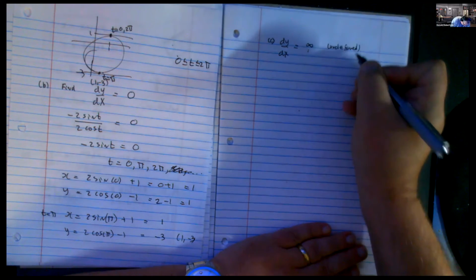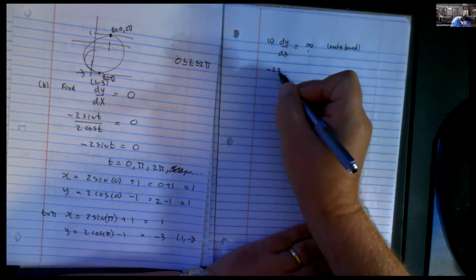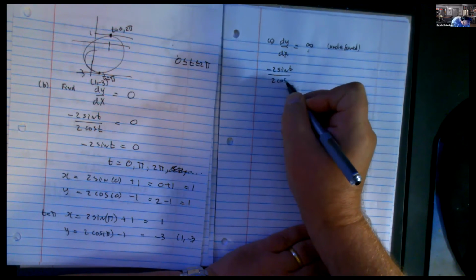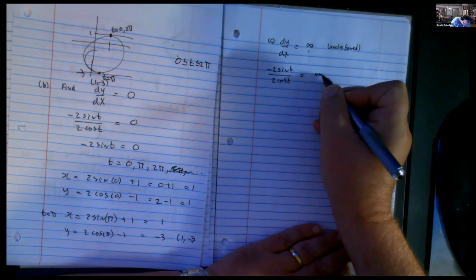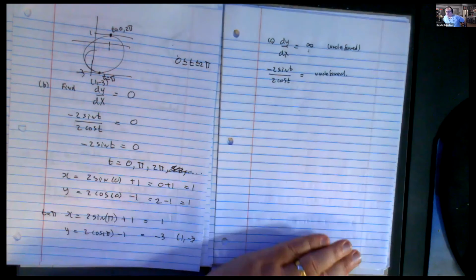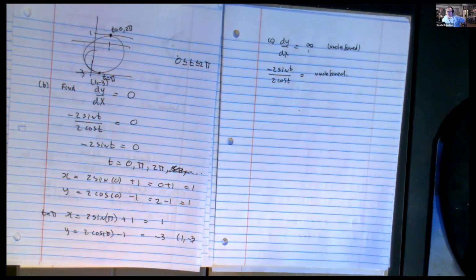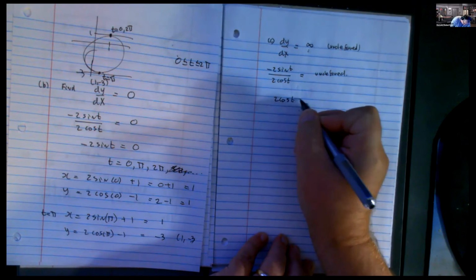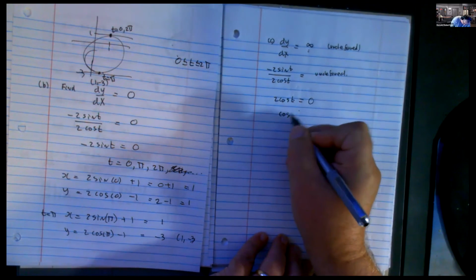Well, we have -2 sine t over 2 cosine t. And when is that infinite, undefined? When will that fraction be undefined? Infinite, if you like. When cosine of t is 0? Okay, when the bottom is 0, which is, as you said, when the cosine is 0.